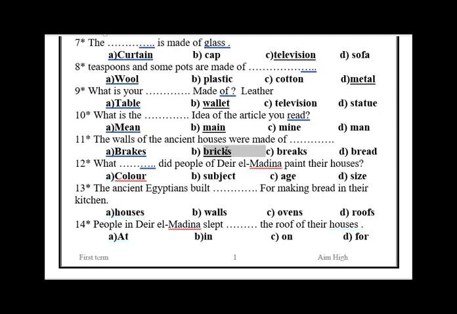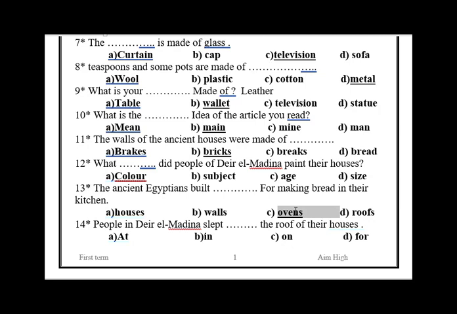So I should say, what color did people of Deir el-Medina paint their houses? Number 13, the ancient Egyptians built for making bread in their kitchen. So they built, yes, ovens.